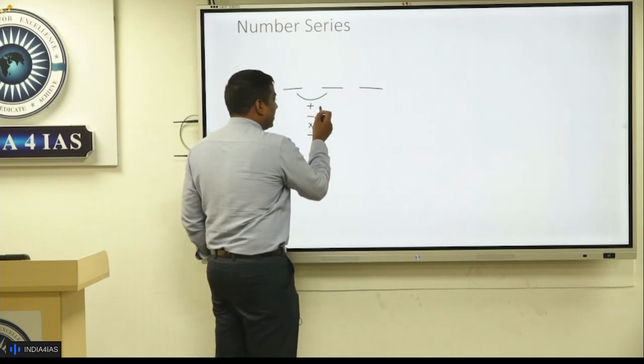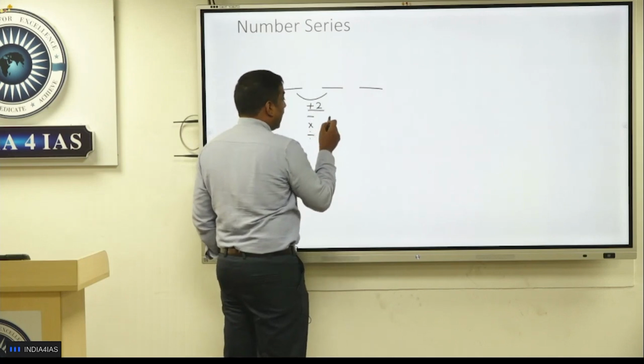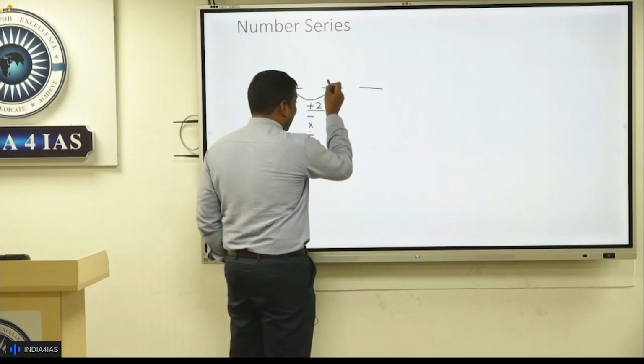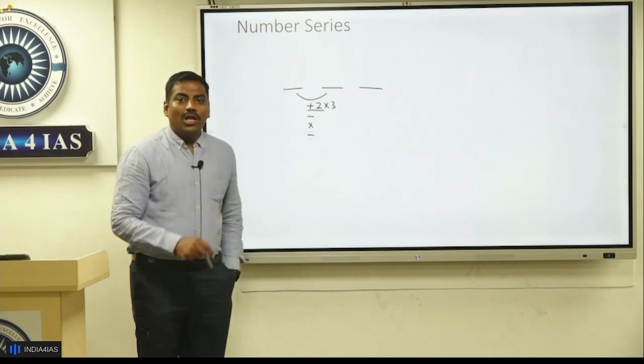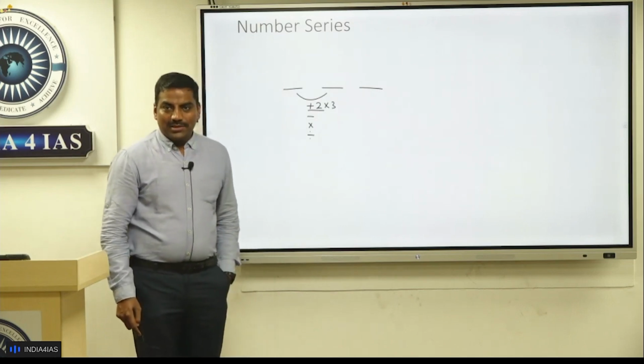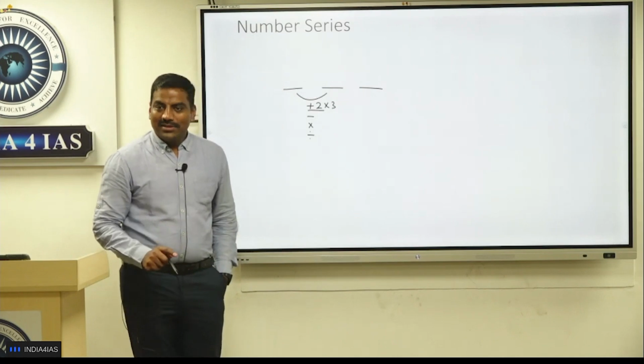It may not be just one operation. Maybe you have to add something and multiply something to get this one, like add 2 and multiply by 3. I cannot call that an arithmetic progression, nor can I call that a geometric progression. That is some nonsensical progression.